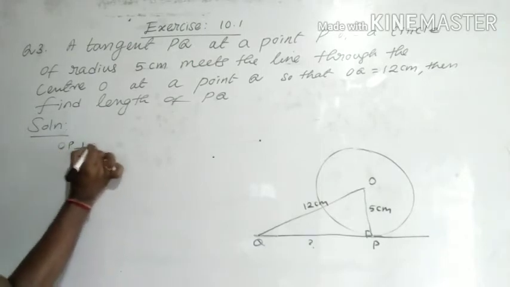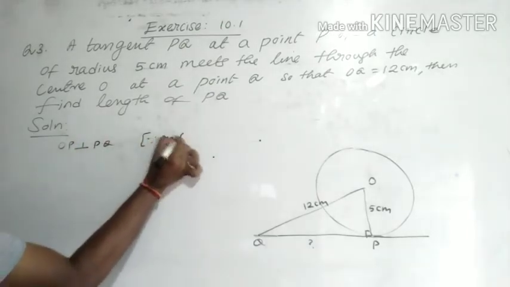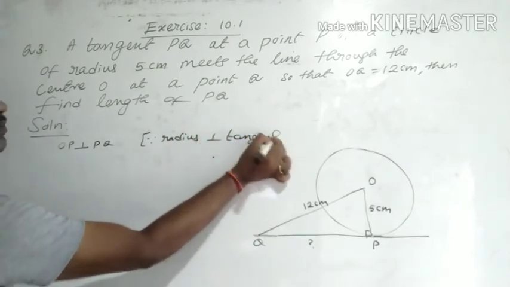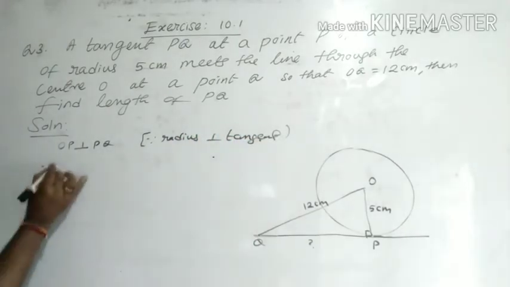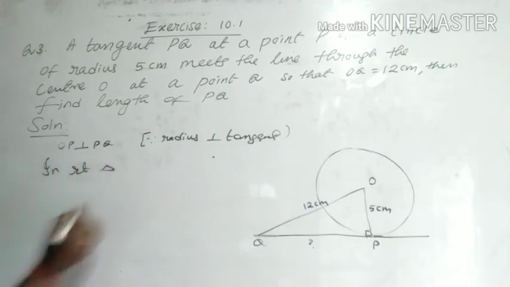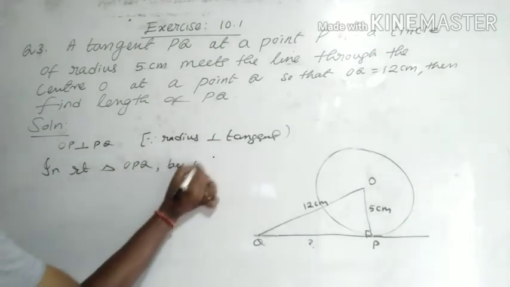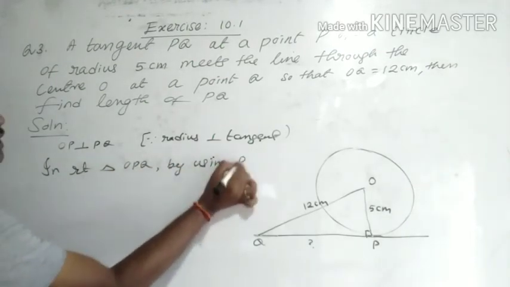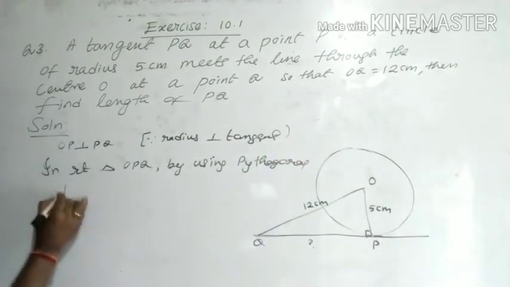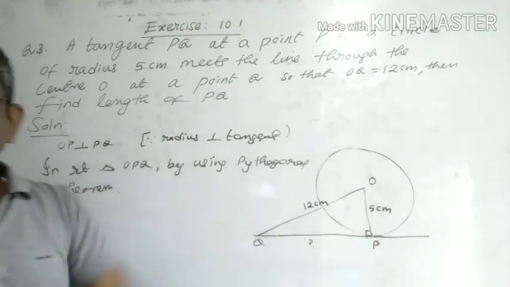OP is perpendicular to PQ, since the radius is perpendicular to the tangent. So in right triangle OPQ, by using the Pythagoras theorem, the angle at P is a right angle.